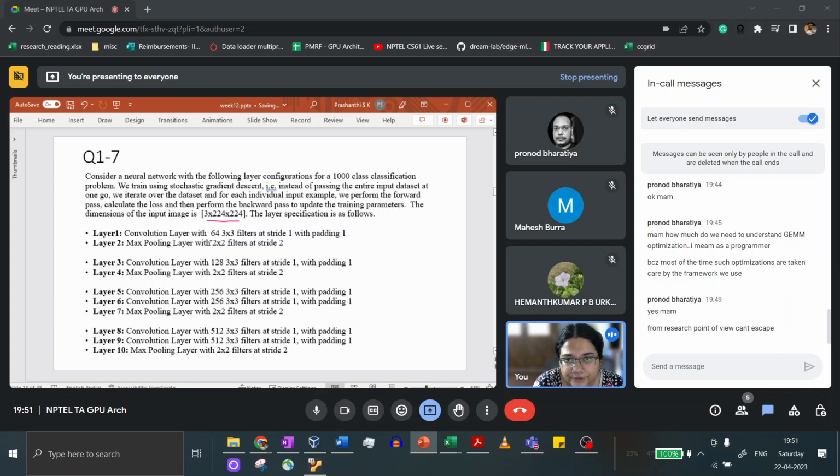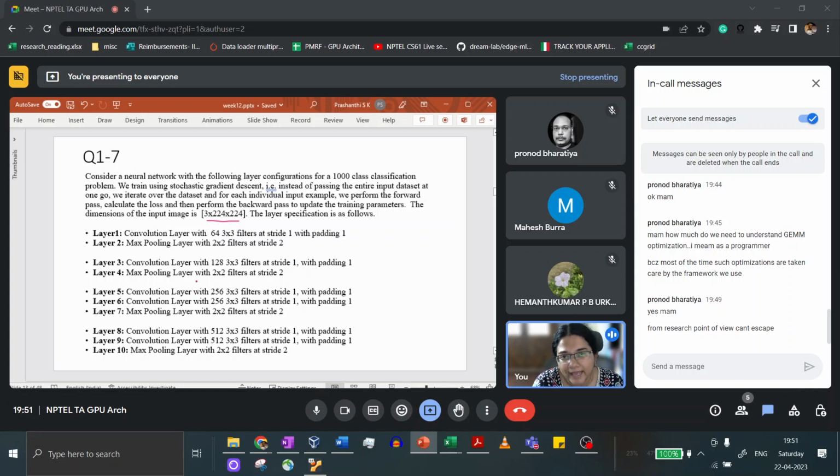Layer 1, convolution layer with 64 3 cross 3 filters, stride 1, padding 1. Layer 2, max pooling 2 cross 2 filters at stride 2. Layer 3, convolution 128 3 cross 3 filters, stride 1, padding 1.